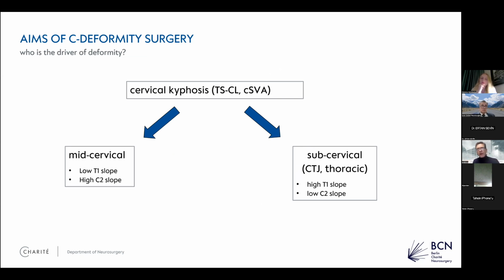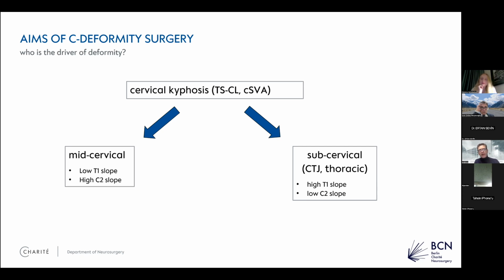And you can identify those patients in that they usually have a high T1 slope, because the cervical spine is tilting forward, and then the T1 slope is increasing, and they usually have a low C2 slope. So this is a rule of thumb. Use these two angles.